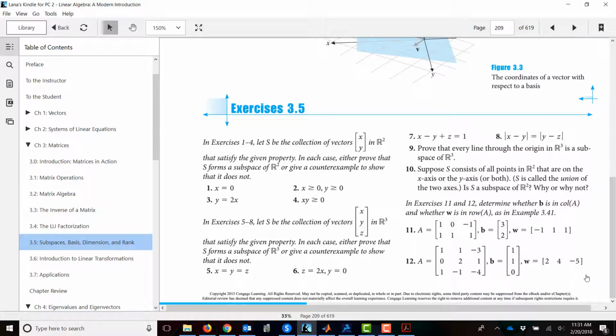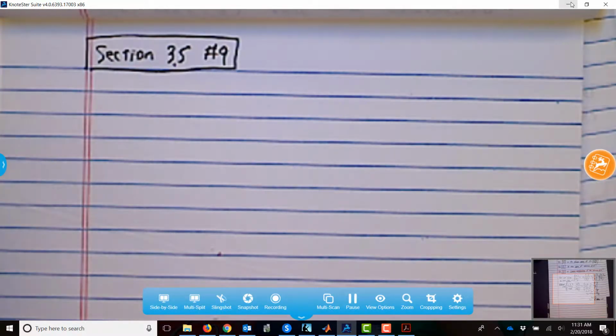Okay, so this is section 3.5, number 9. It says, prove that every line through the origin in R3 is a subspace of R3. Okay?